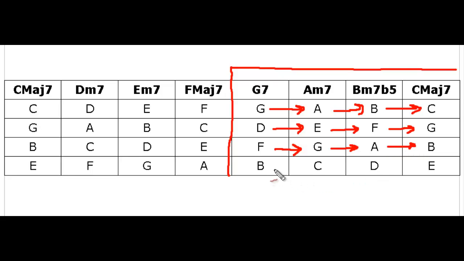And finally B, C, D and E will be played on the 1st string of the guitar. So now that we have a musically correct voice leading arrangement on paper, let's go across to the guitar fingerboard and see how the chord shapes are designed.